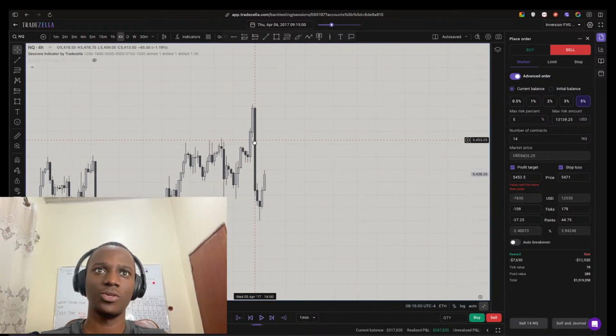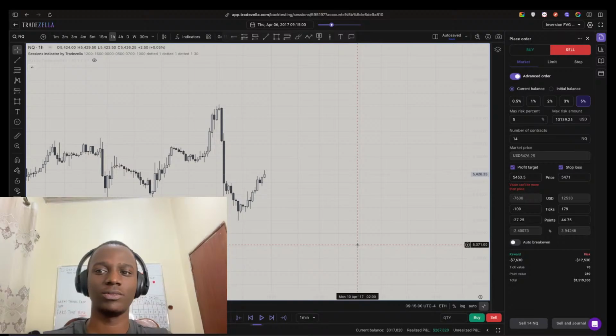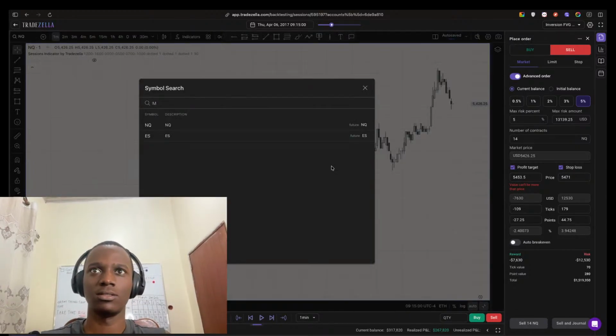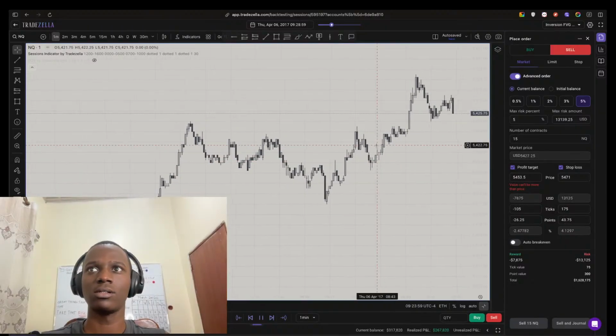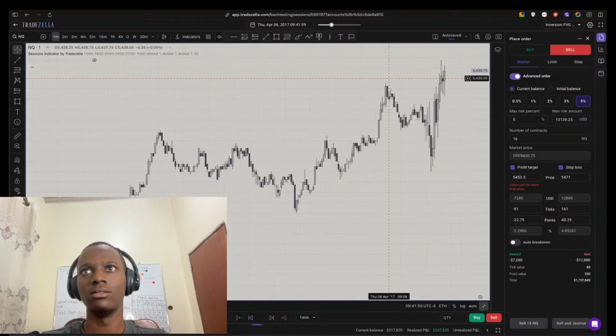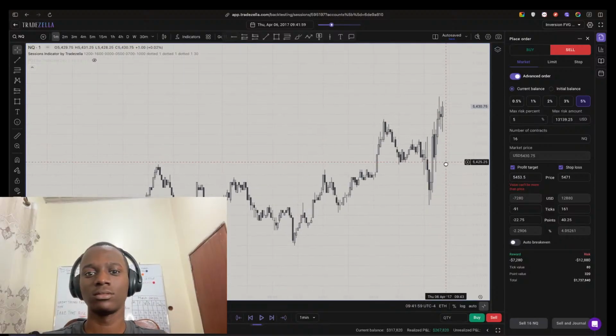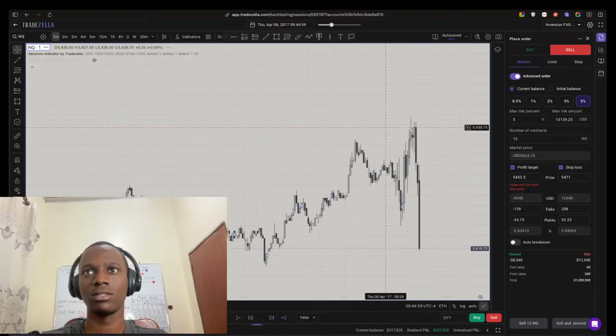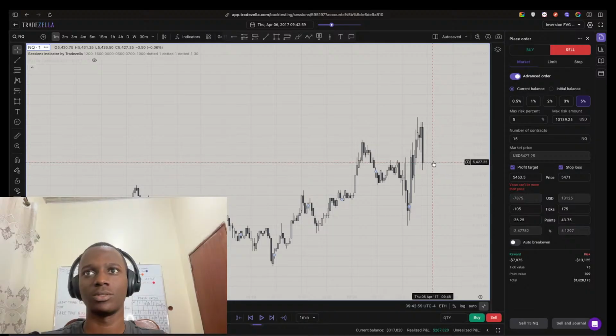Now we're in this huge 4 hour gap, which we could potentially reject and displace lower. I think this inversion here you can short.